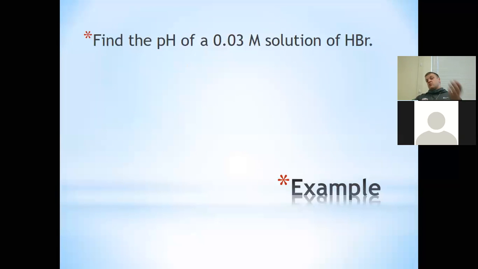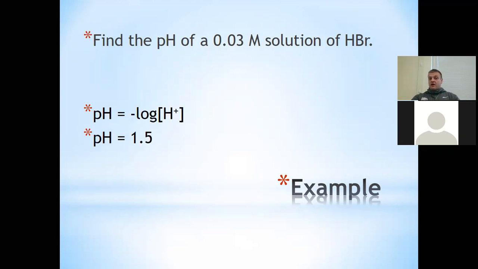We have pH equals the negative log of the concentration, and that's the same thing as 10 to the power of the negative pH. So to find the pH, you go negative log of 0.03, and your calculator will literally spit out what the pH is. But you have to put the negative in there.